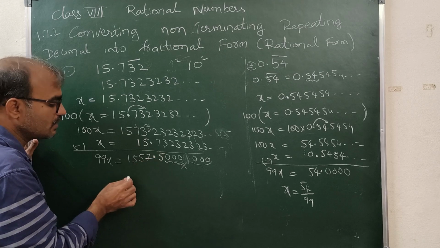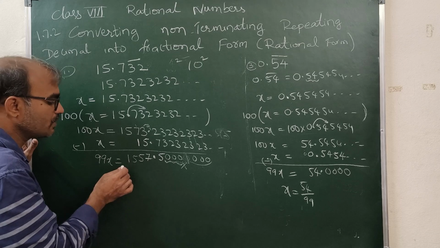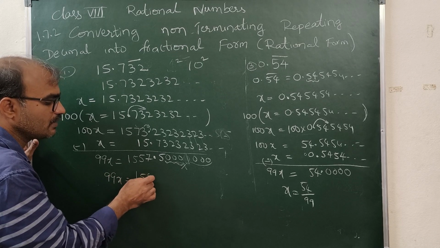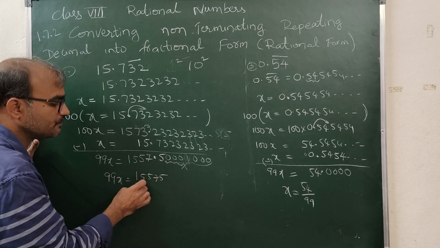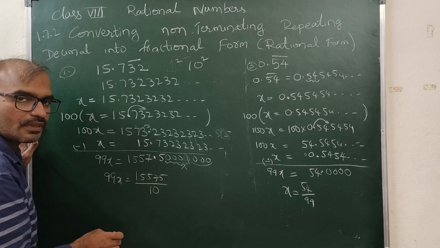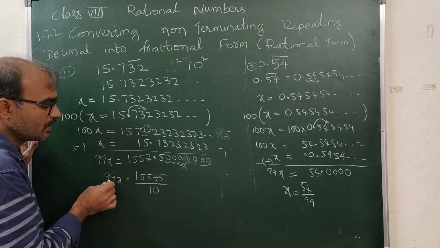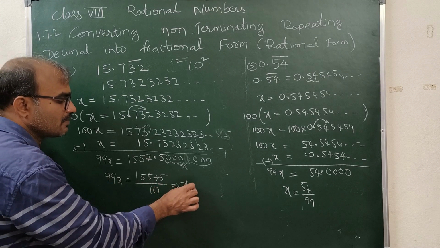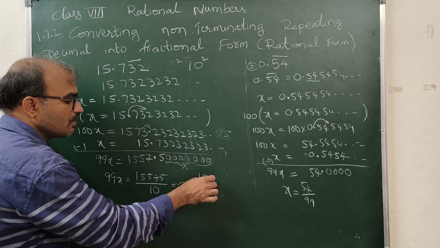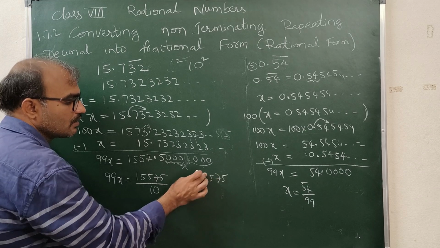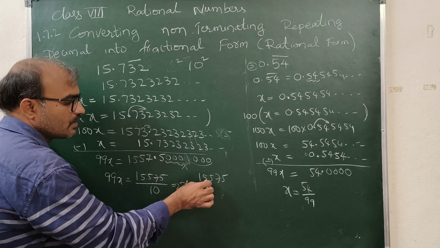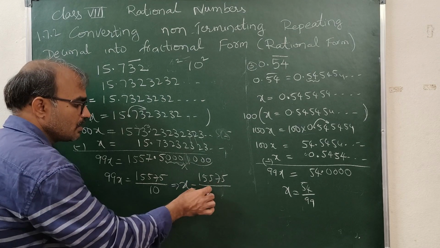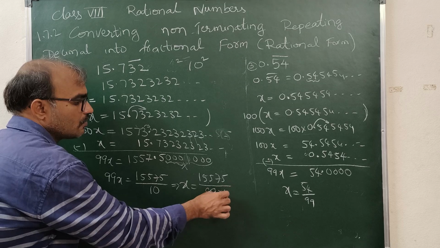After the decimal point 1 digit is there, so what do you have to do? It will become 99x is equal to 15575 by 10. Now bring this 99 to the other side. Implies x is equal to 15,575 by 99 into 10.